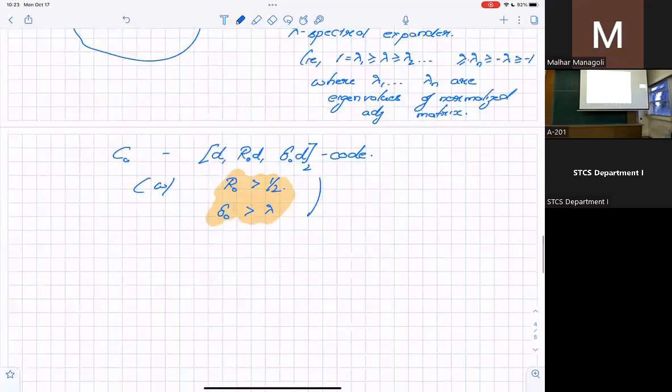Based on this, we have defined this code C of G comma C naught, the set of all X residing on the edges of the graph.